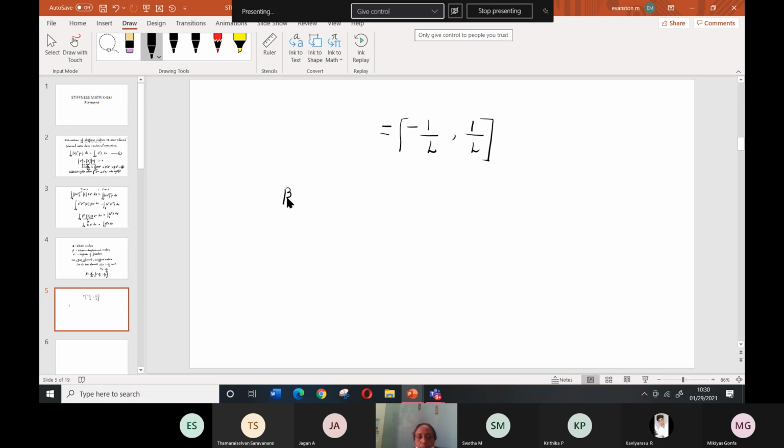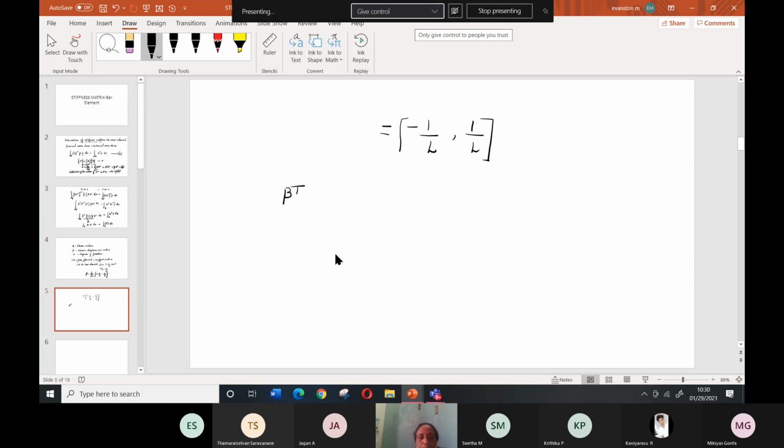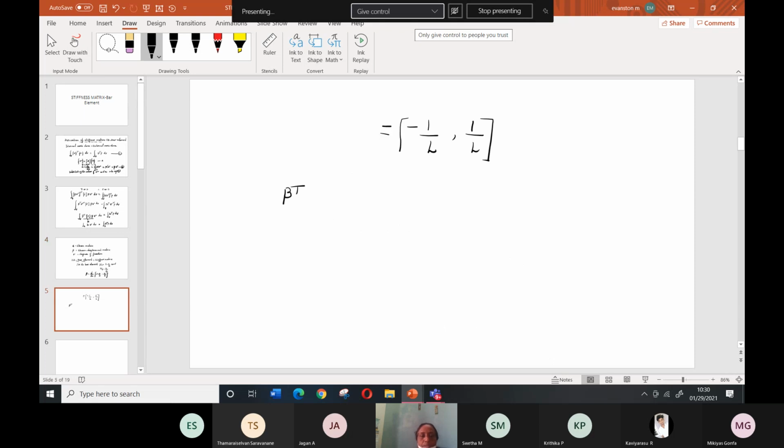Now we are going to find out beta transpose. Did I mention the word E instead of D as the D matrix? Okay. Beta transpose into E into beta. Can you tell me the value of this? That is beta transpose, minus 1 by L, 1 by L. You have to transpose this beta value.